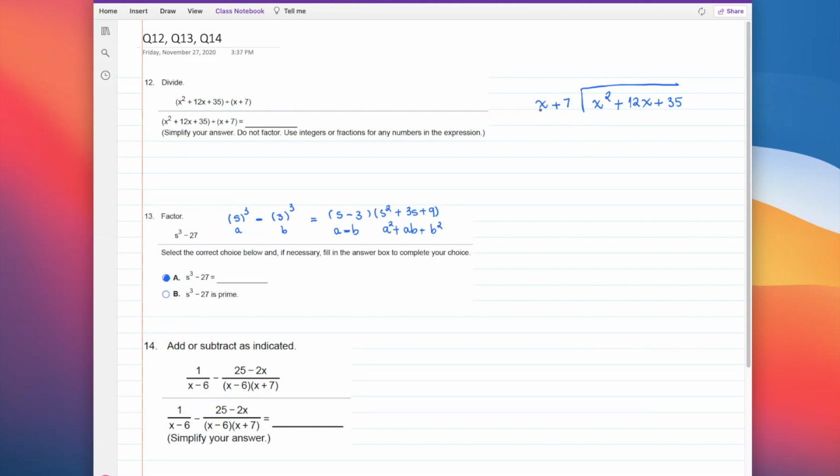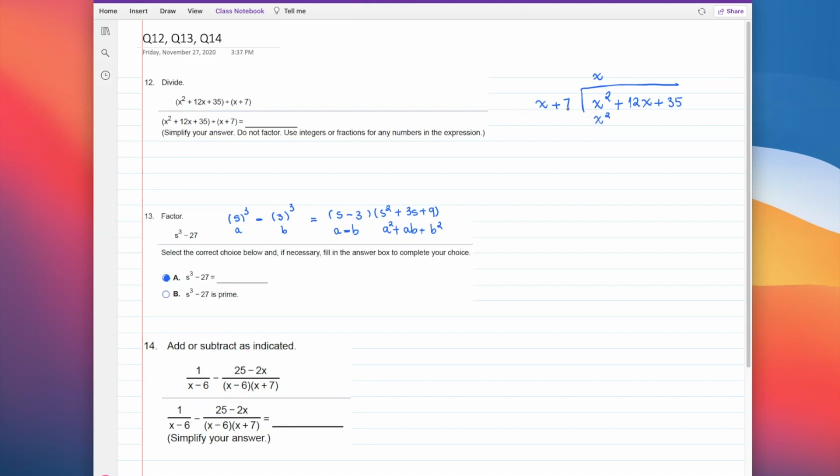First of all, you have to have everything lined up in order of degrees, 2, 1, 0, and the same way here. Then you get the first term and try to divide. x squared goes into x how many times? x times. x times x is x squared.